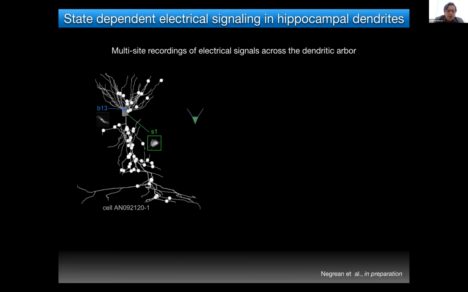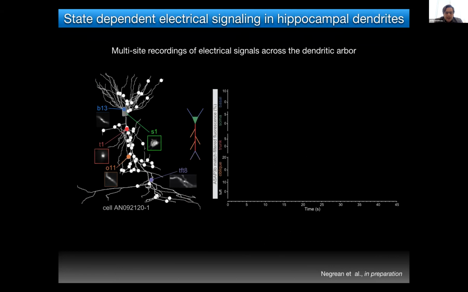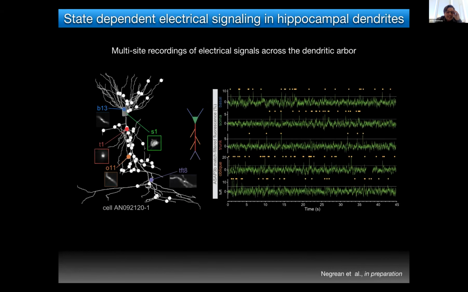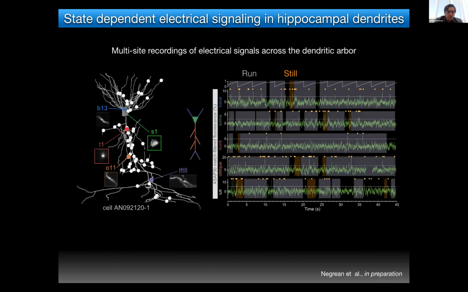So recordings here covered the soma, the basal dendrites, the apical trunk, the radial obliques, all the way to the distal tuft of these pyramidal cells. And Adrian managed to detect depolarizing events across the whole somatodendritic surface during locomotion and periods of rest.